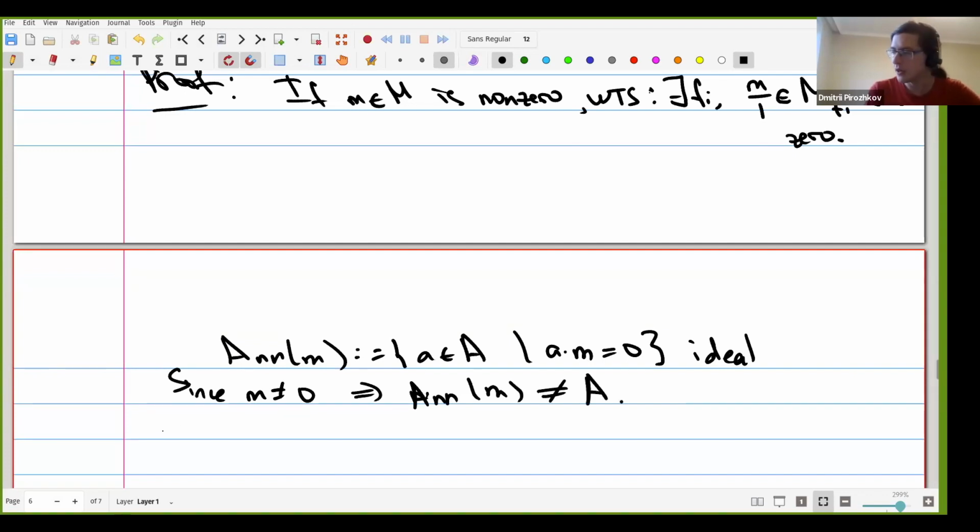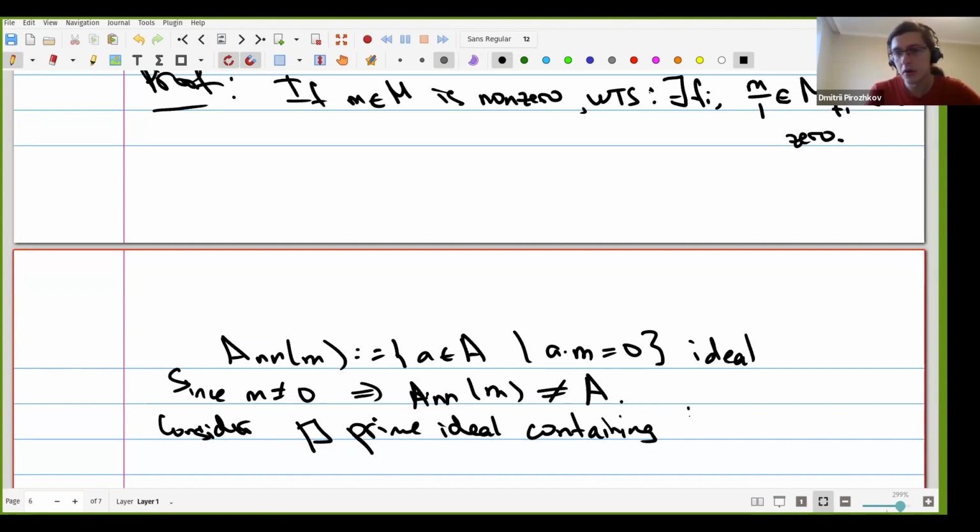So now we can consider some P, which is a prime ideal containing the annihilator.